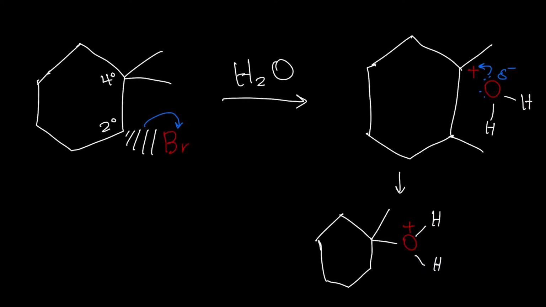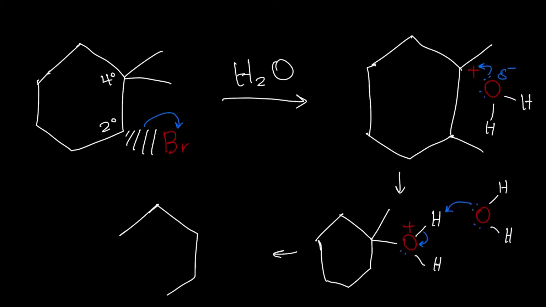So now we're at the stage of deprotonation. We're going to need another water molecule to come in and steal a hydrogen from the newly bonded water molecule. So it's going to steal the hydrogen proton, and then these electrons are going to go back to the newly bonded oxygen.